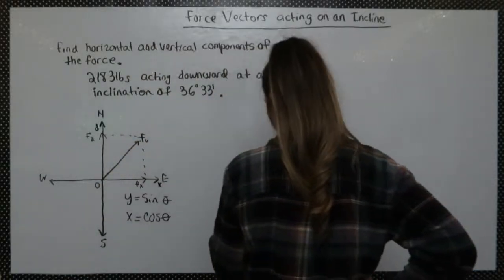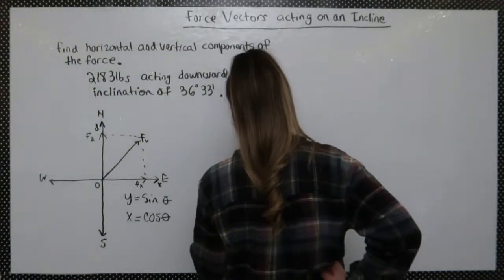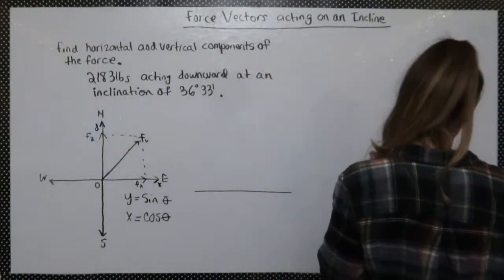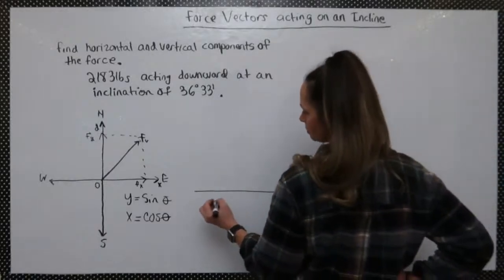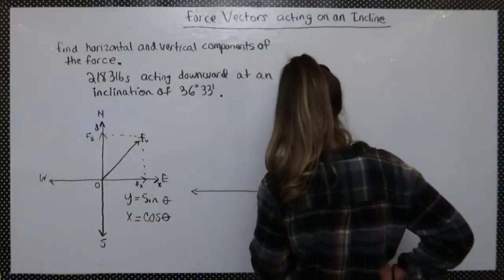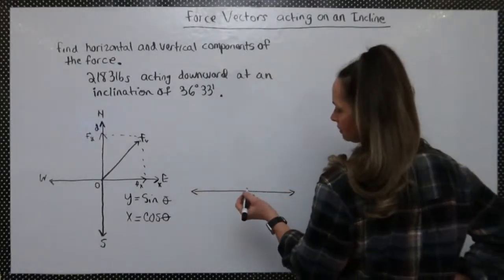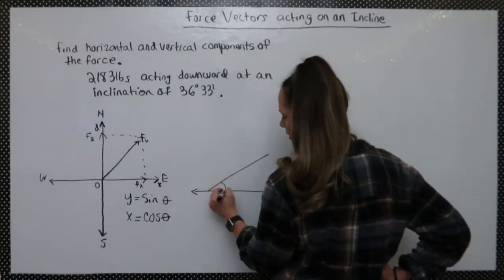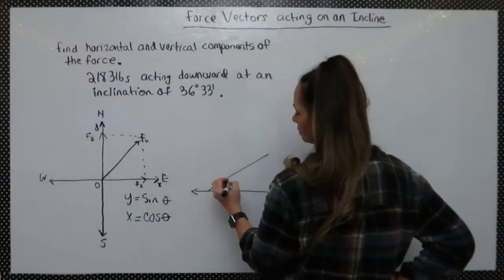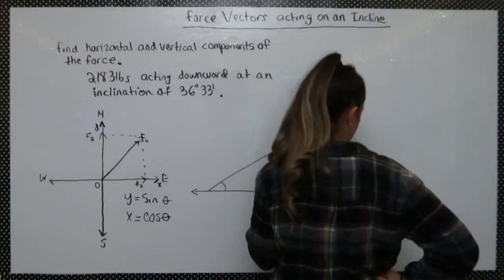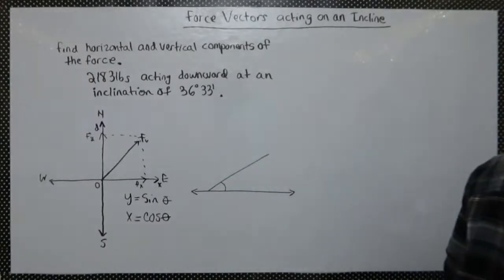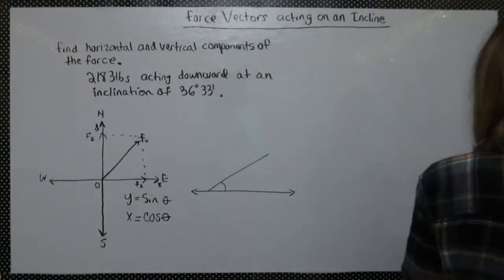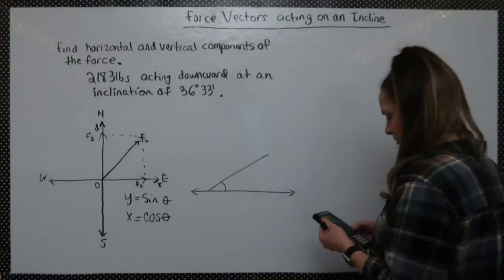When you have an incline, the incline is with respect to your horizontal. If you have an incline acting at an angle, and it says 36 degrees, 33 minutes, let's go ahead and change that to a decimal real quick, so I don't have to go back and forth. I can just change it back all at once.